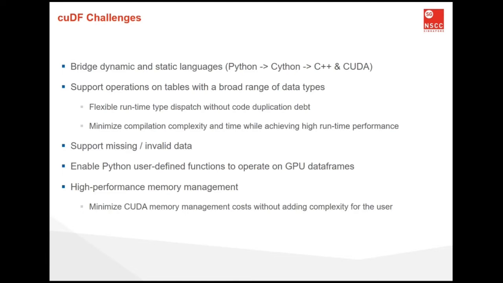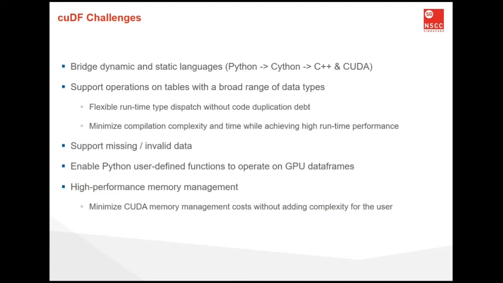This is a challenge because we have to support operations on tables with a broad range of data types and arbitrary numbers of columns. And that means it's important that we have flexible runtime dispatch on different data types, which is something that's natural in a dynamic language like Python.